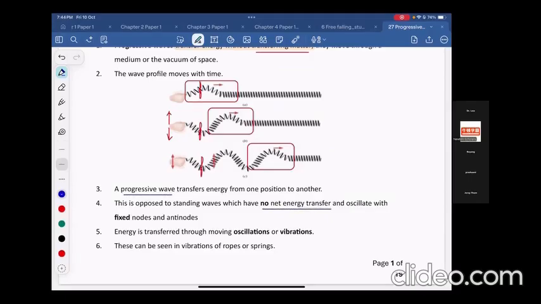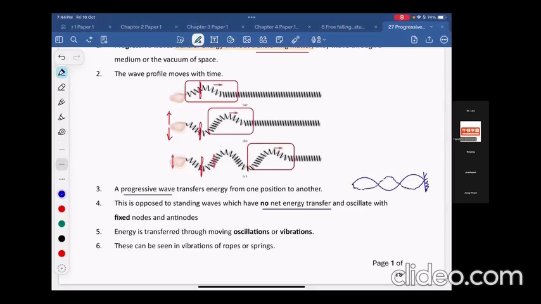They will oscillate with fixed nodes and antinodes. When we study standing wave, the wave will be something like this, then this. Then they hit the wall or something and reflect. Something like this, too ugly, but it's okay.